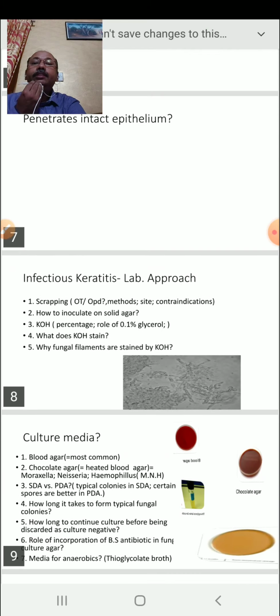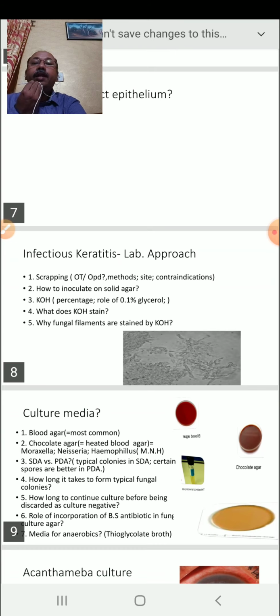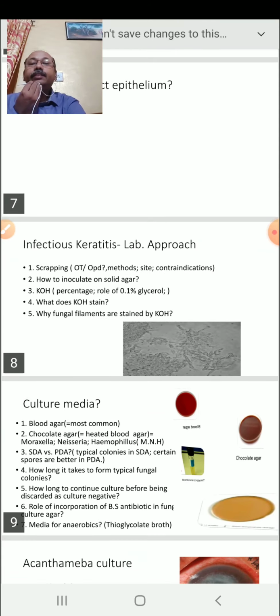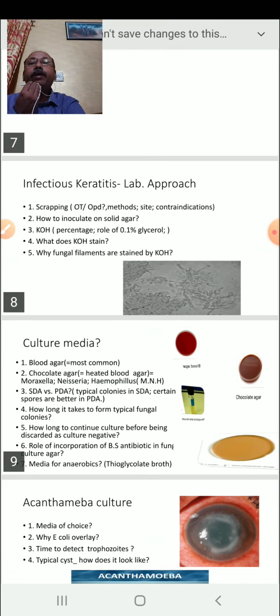Now the question is how you can approach a case of infectious keratitis as far as ocular microbiology is concerned. The first thing is that you have to do a scraping. Where you can do a scraping: either in the operation theatre or OT, or in the OPD itself.